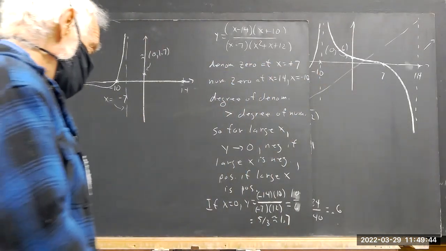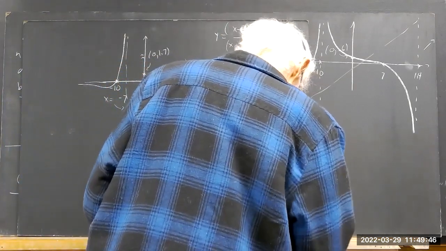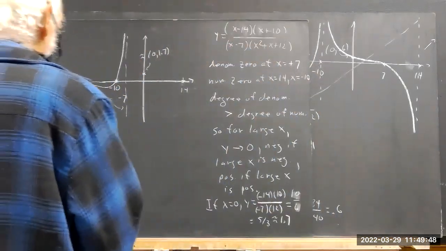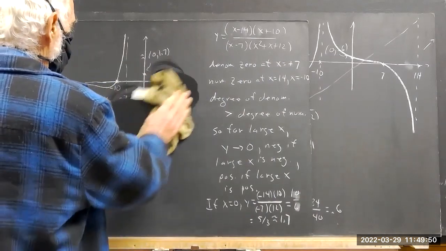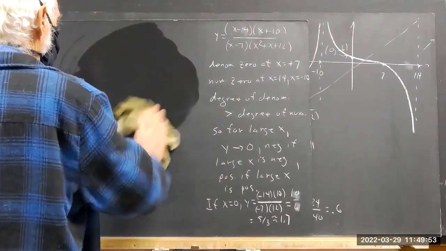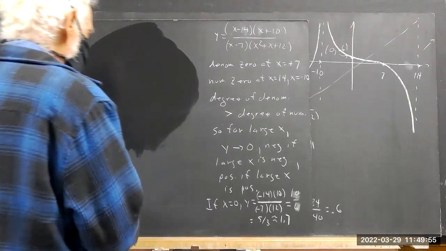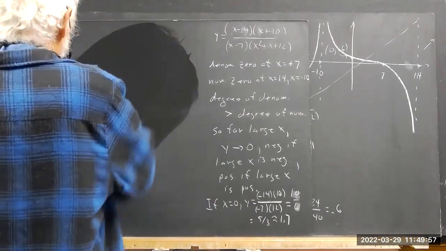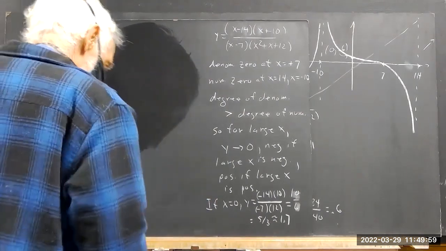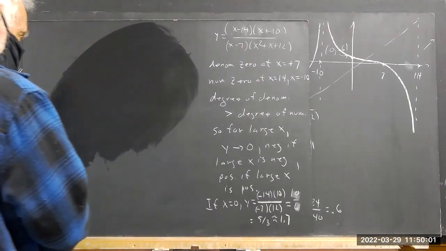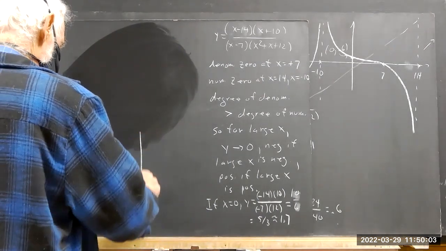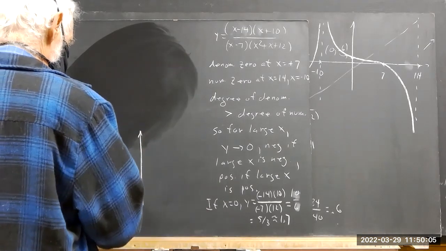So I'm going to erase everything. I looked at everything but that. Let's redraw this. I'll draw it down here to the right board.